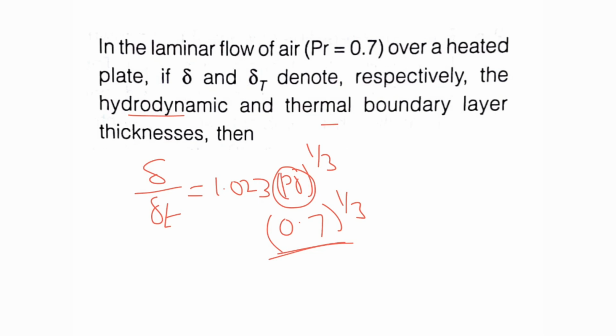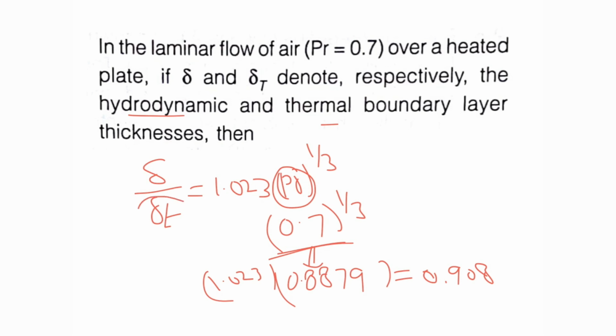Since the value of 0.7 power 1 by 3 is 0.8879, this multiplied with 1.023, you will get 0.908.